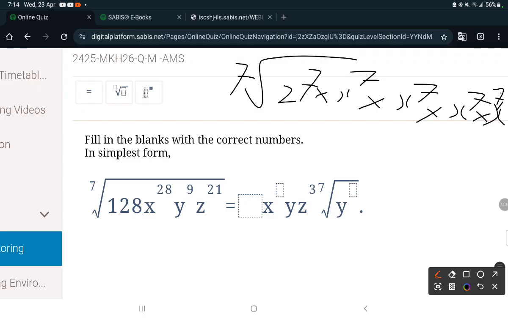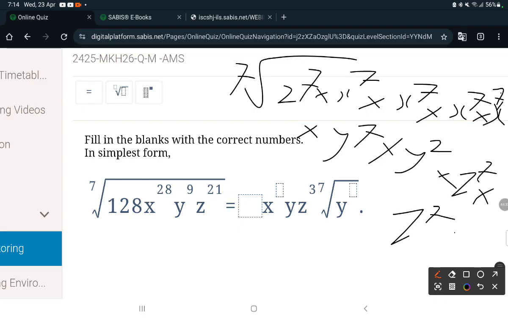And then y to the power of 9 is y to the power of 7 multiplied by y squared. And then z to the power of 21 is z to the power of 7 multiplied by z to the power of 7 multiplied by z to the power of 7. So the only thing not in the power of 7 is y squared over here. So 2 to the power of 7 becomes 2.